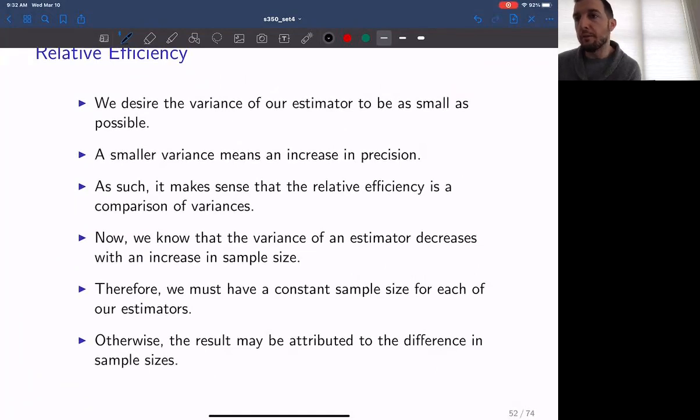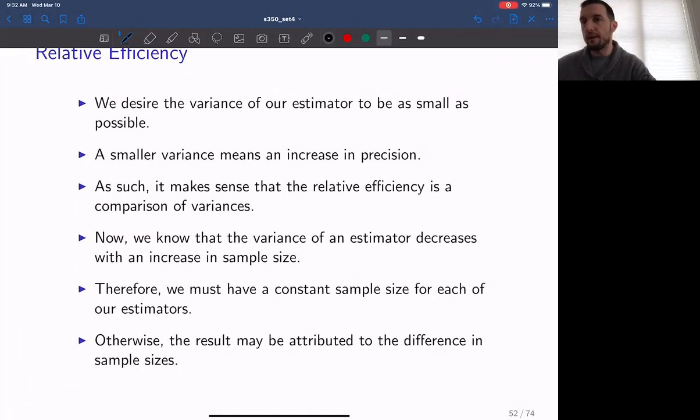So going back to one of our original discussions on the idea of being the best. We define our estimators as being ideal when they are unbiased and they have minimum variance. So the relative efficiency is really just an extension of this idea. We have already established that we want our estimator to have the smallest possible variance.